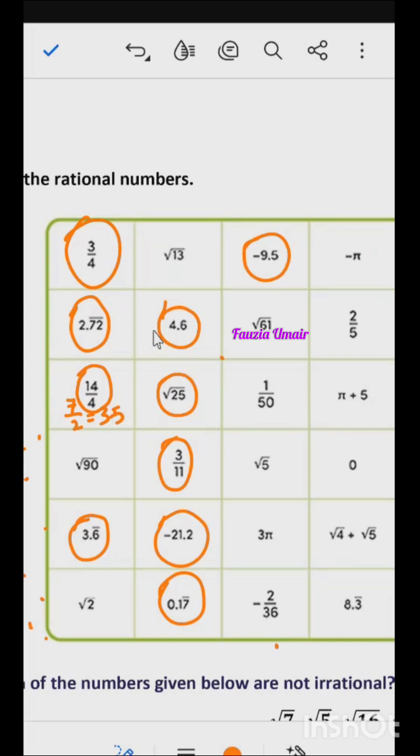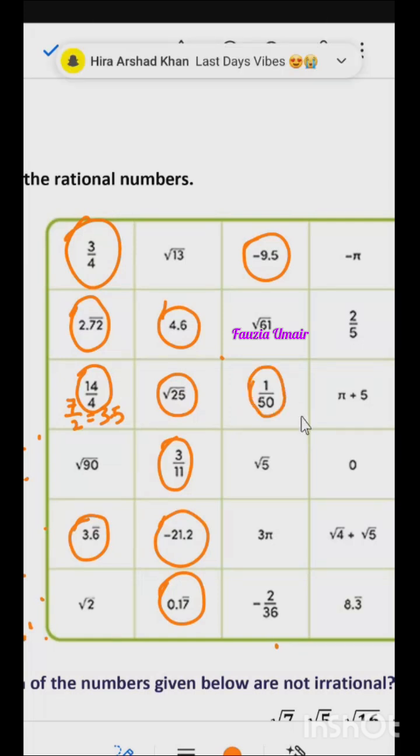Square root of 61. Irrational, because it is an unsolvable root. So 1 by 50. It's rational because 1 by 50 is basically 2 by 100. So it's 0.02. Okay, it's a terminating decimal.